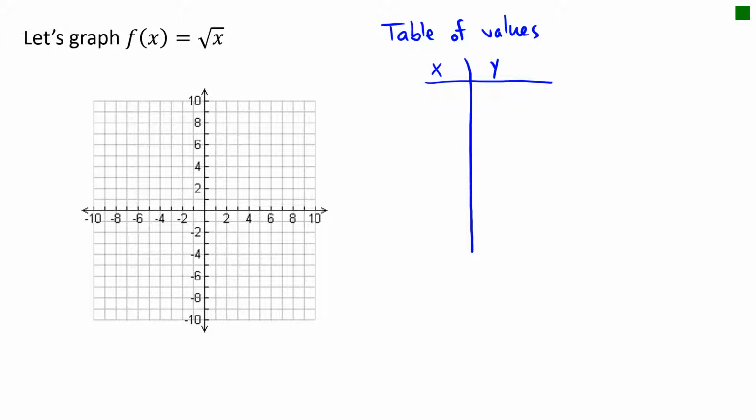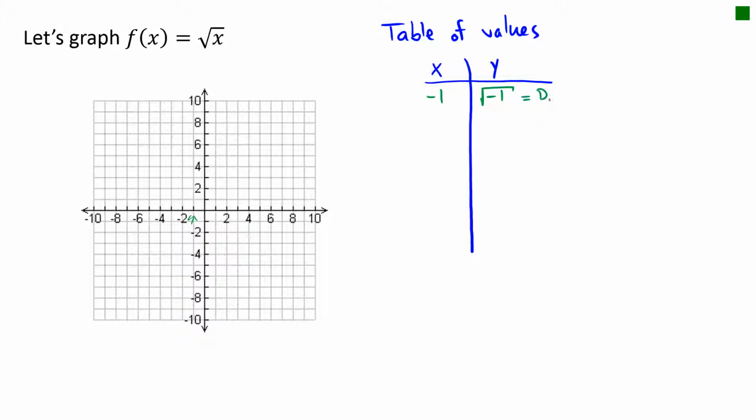I'm going to lead us through this, and I'm going to pick a value of x to show you an important point about radical functions. So I'm going to pick x equals -1, which is over here on the graph. When I stick it into the function, f of -1 is the square root of -1, to get the y value.